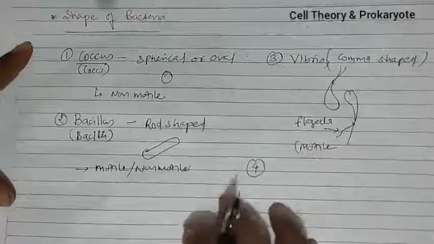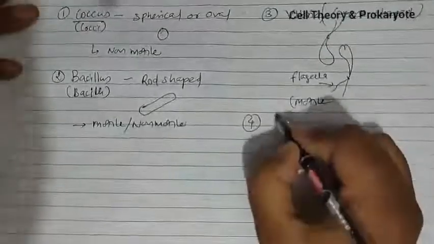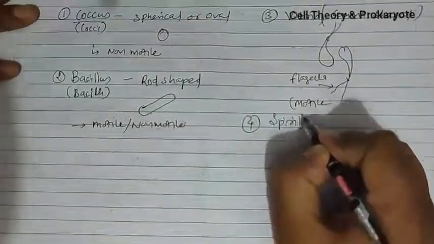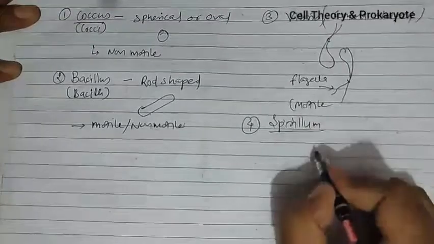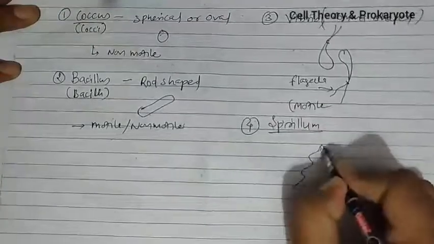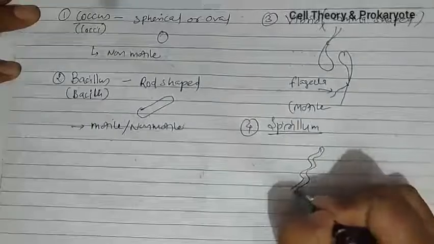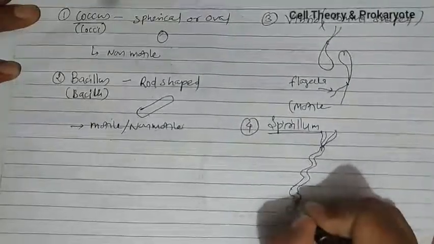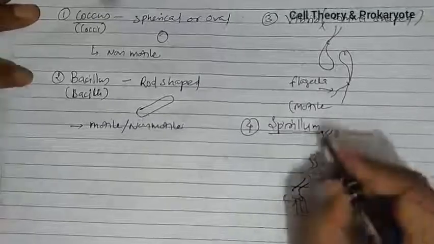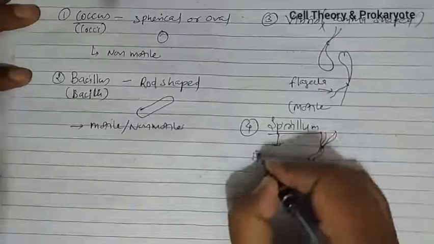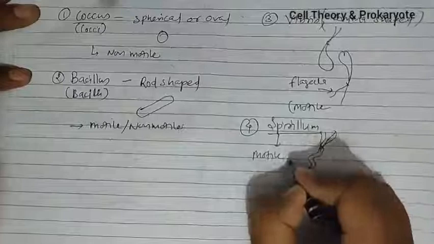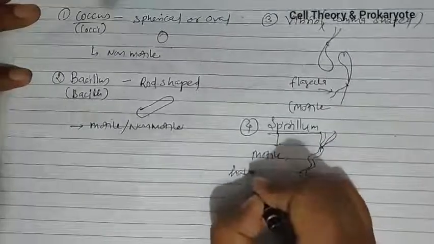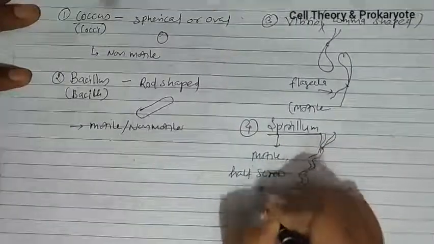And the fourth type is spirillum. In spirillum you find a group of flagella at both ends, so this is also motile, and it looks like a half screw shape.